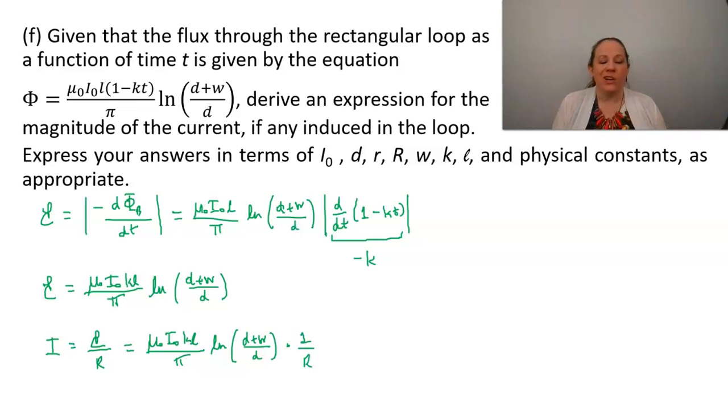And really, we could stop there, but if you want to simplify one more step and make it look that much prettier, you could have mu naught I naught k times L over pi times capital R times the natural log of d plus w divided by d.